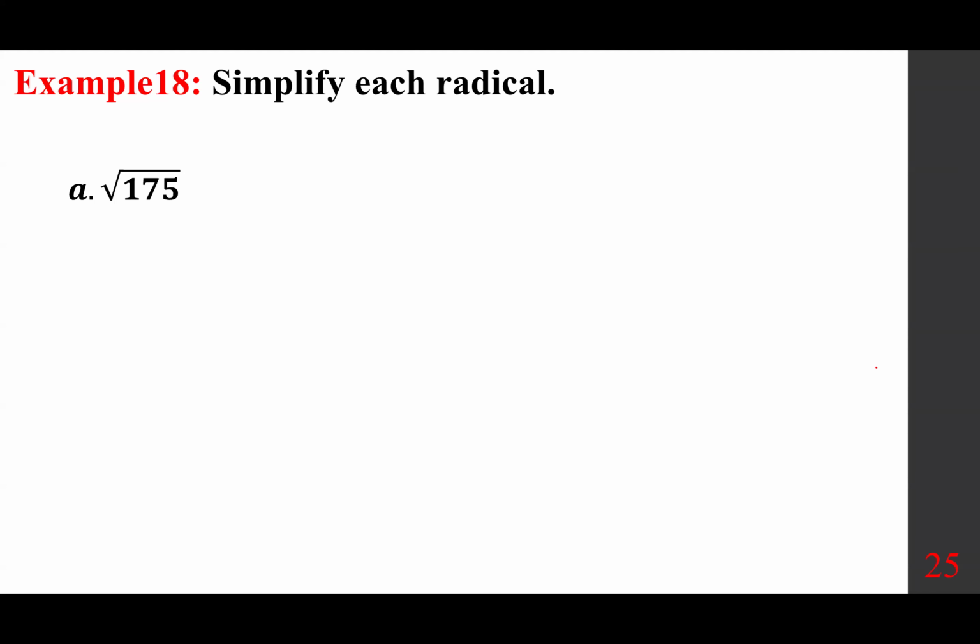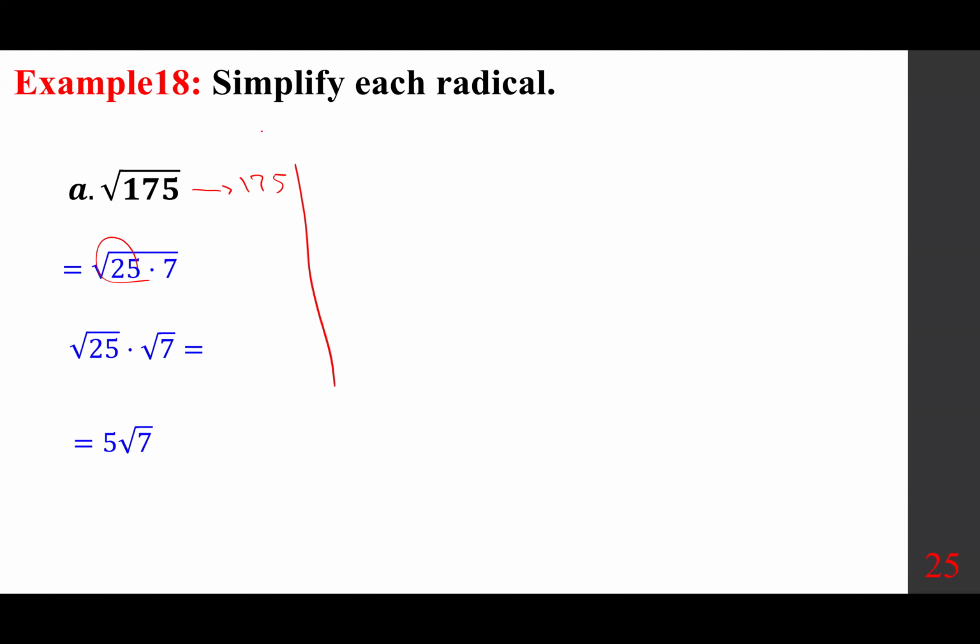175, you may see that as 25 times 7. 25 comes out as 5. Or you can factor 175. Is it divisible by 2? No, because it doesn't end with an even number. Is it divisible by 3? 1 plus 7, 8 plus 5 is 13.